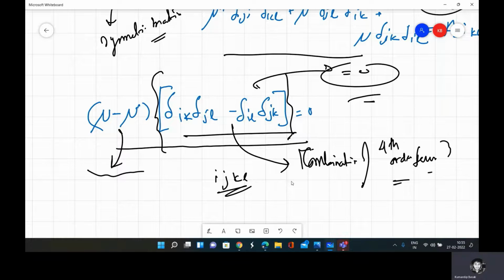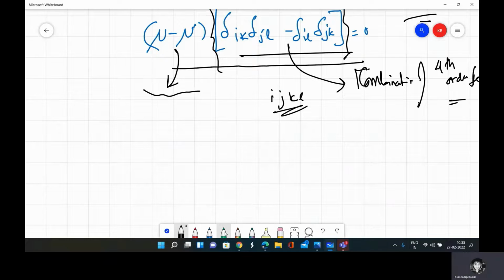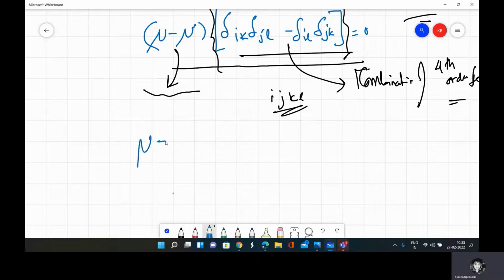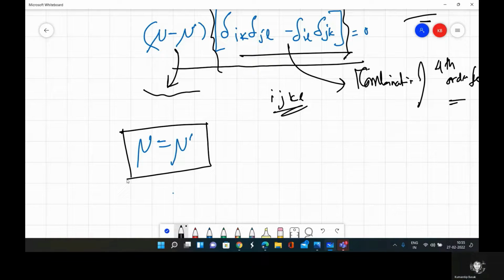From there we can conclude that mu equals mu dash, because we have not imposed any constraint on those constants. So mu is equal to mu dash, and mu double prime has already cancelled.